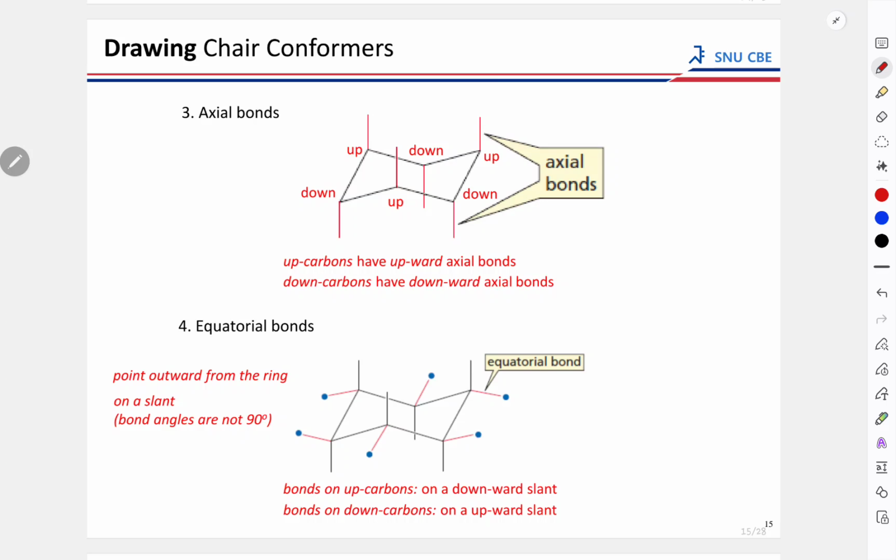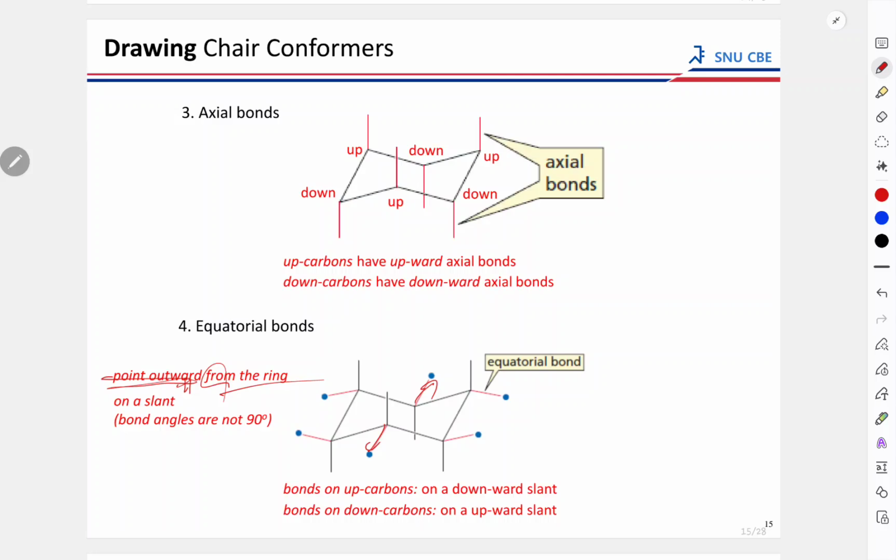There's one more piece, the equatorial bonds. And there's a rule, okay? You should draw the equatorial bonds pointing outward from the ring. Okay? So from the ring, you should draw the bonds towards the outside. That's why you draw from this carbon this equatorial hydrogen, right, pointing outward from the six-member ring.